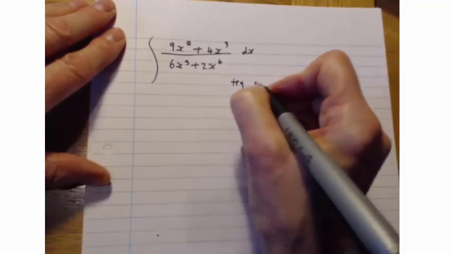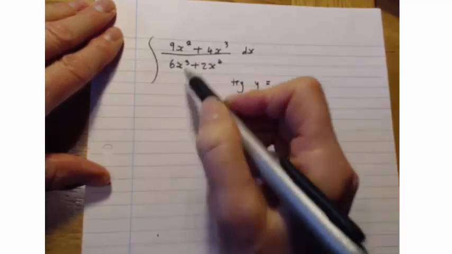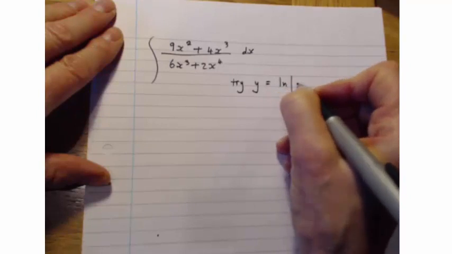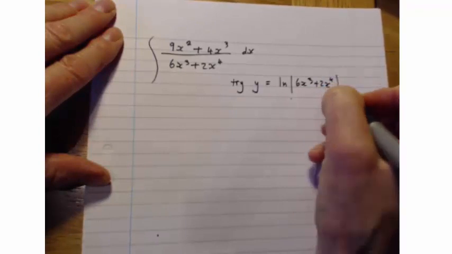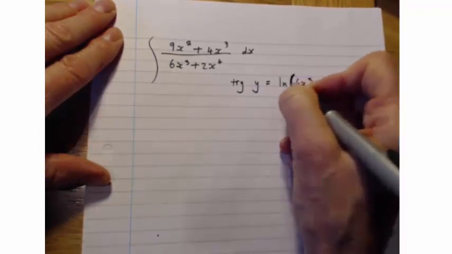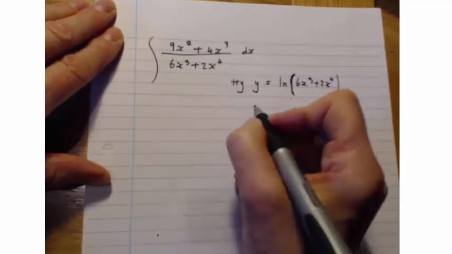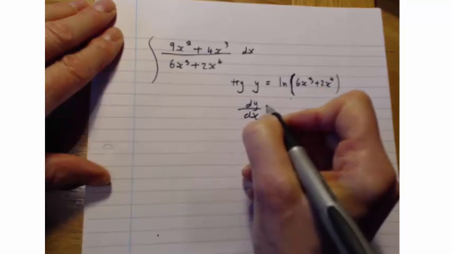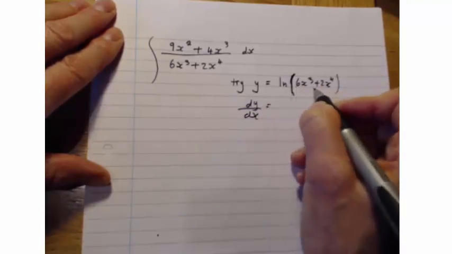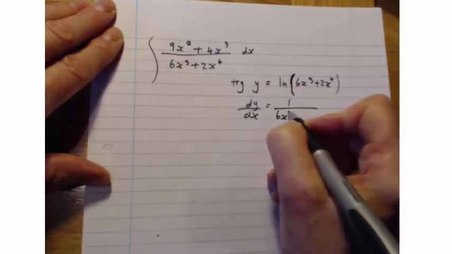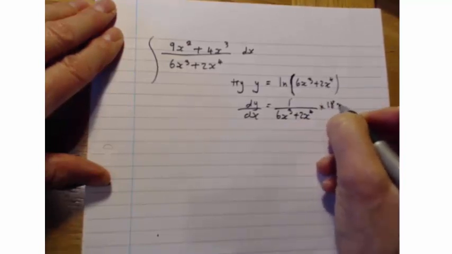Let's try y equals, because when we're undoing differentiation, we always end up with y. Let's say y equals ln of 6x cubed plus 2x to the 4. Sometimes we use modulus, but I'm not going to do that. So that's our first guess. We think it's close, but not close enough. Let's try again by differentiating it. Well, when we're differentiating ln of a function, the function just goes to the bottom, and then we multiply by the derivative.